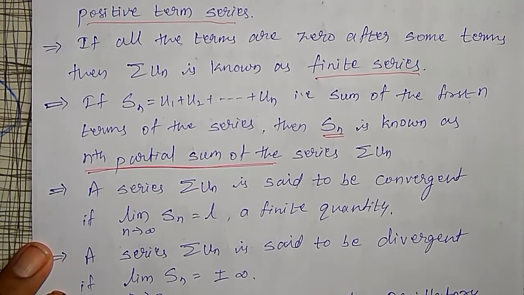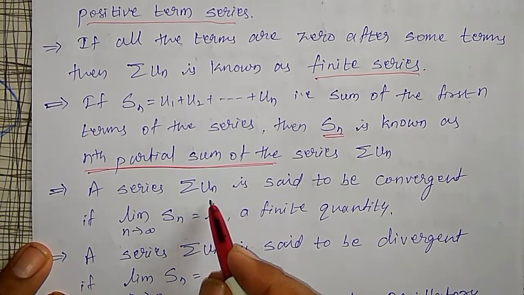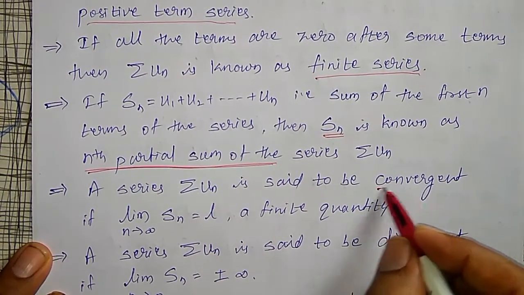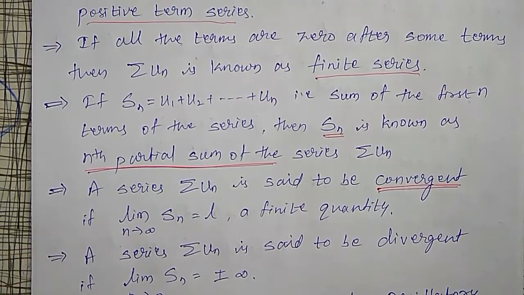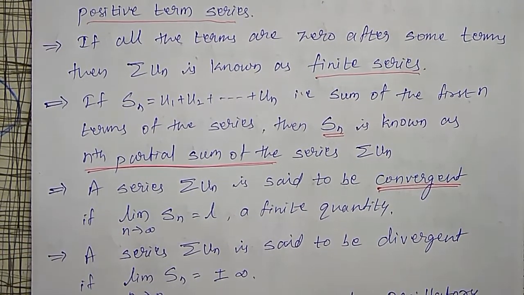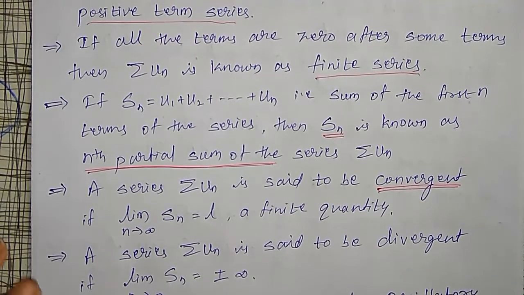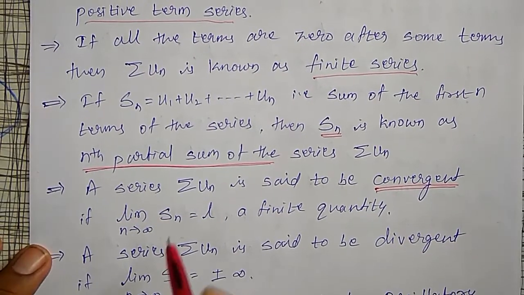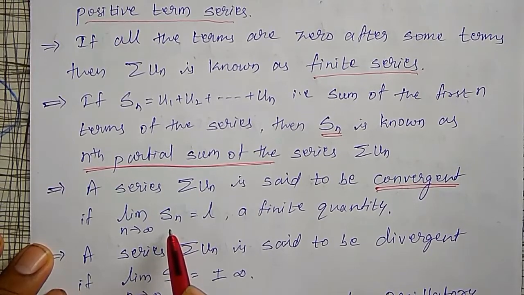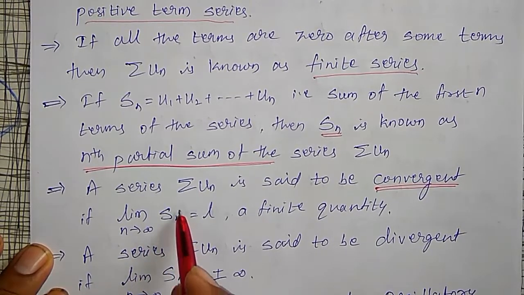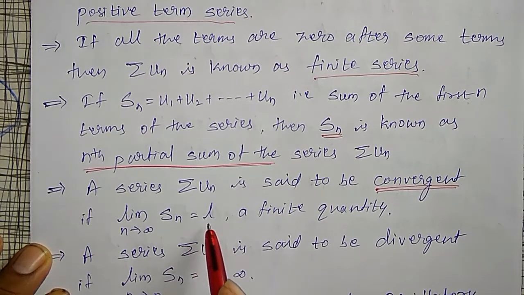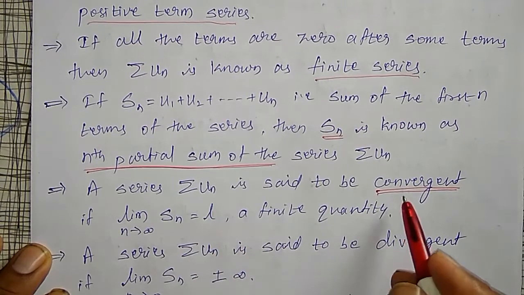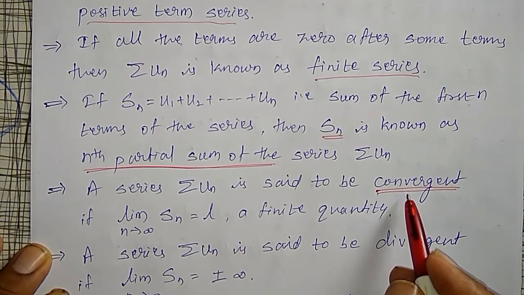Next, a series summation un is said to be convergent, converging to some number, if the limit as n tends to infinity of Sn is equal to L, a finite quantity. If L is a finite quantity, then we say that it is convergent.